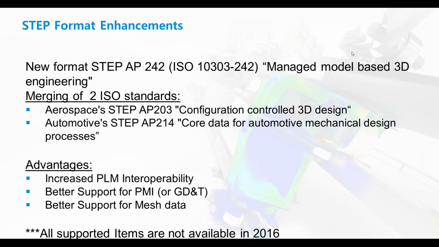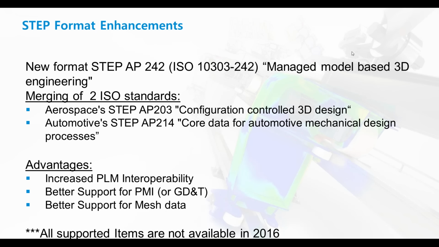And the great news is in Inventor 2016, we've added a new format that's recently developed, and it's kind of a combination of the two previous ISO standards. So you can just select that one and feel confident that you have the right step format selected.